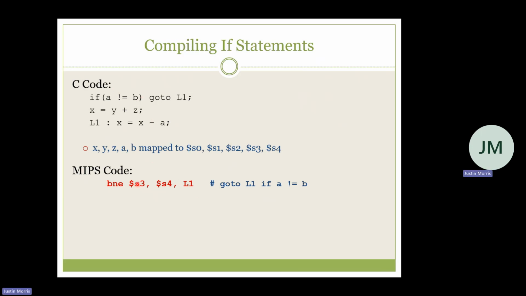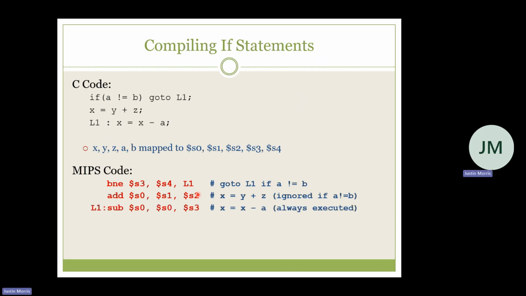And if they are not equal, we're going to go to L1. But if they are equal, what we should do is X equals Y plus Z, right? So right under the branch, which is PC plus 4, which is what happens if the condition is not true, we're going to do this X equals Y plus Z. So X is S0, Y and Z are S1 and S2.